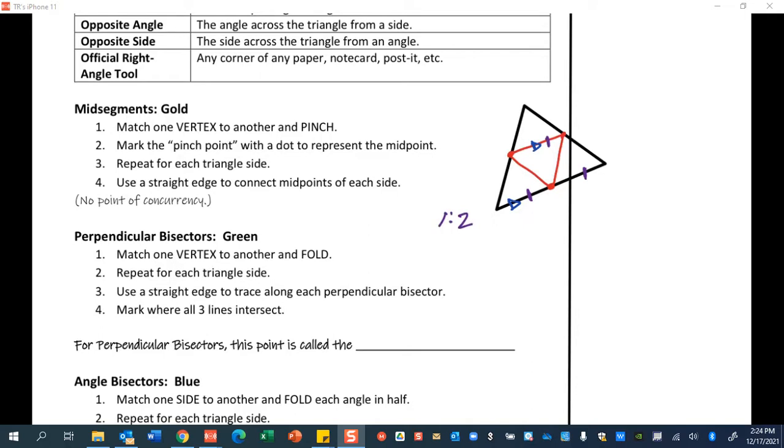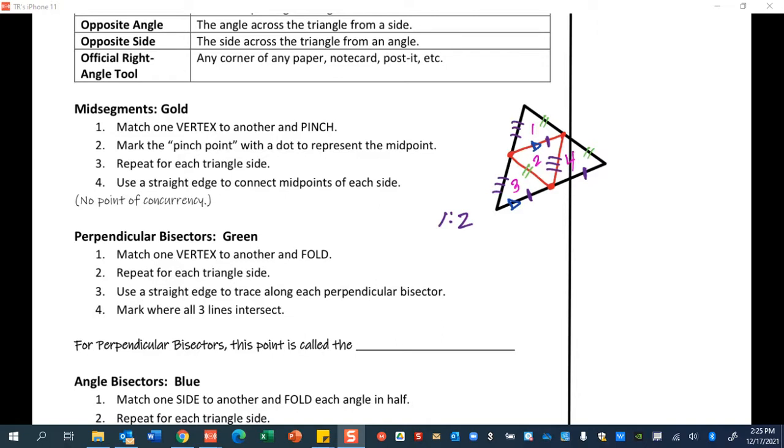Once you start matching up all of the congruent sides, you realize, oh snap, check it out. I end up with 4 congruent triangles. I end up with a congruent triangle here, here, here, and here. That's pretty cool.